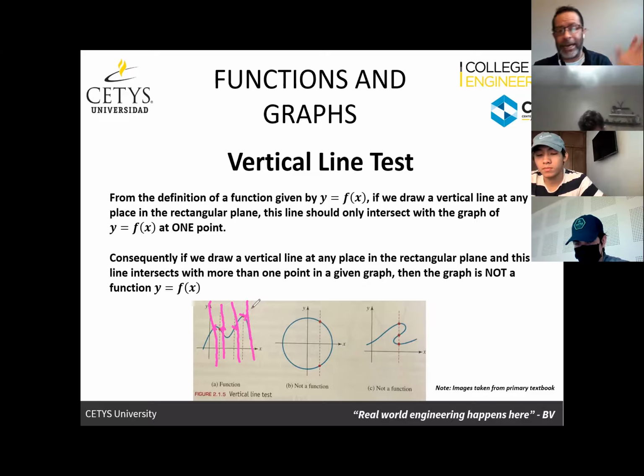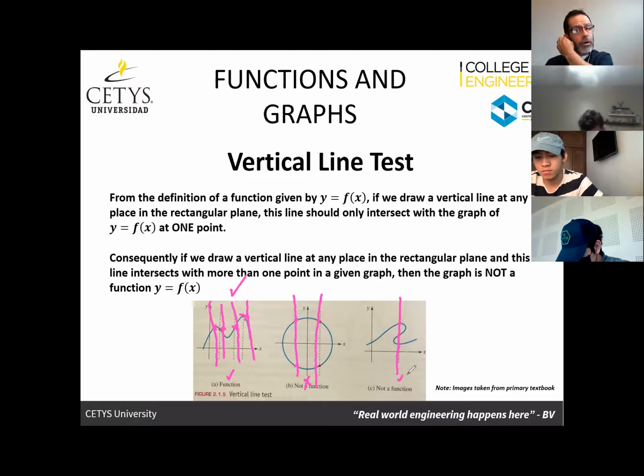If that occurs, this is a function. However, if I draw a vertical line and it intersects in more than one point, this is not a function. Over here, for example, I'm drawing a line and it intersects in more than one point.